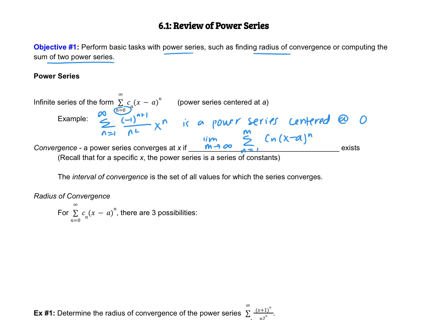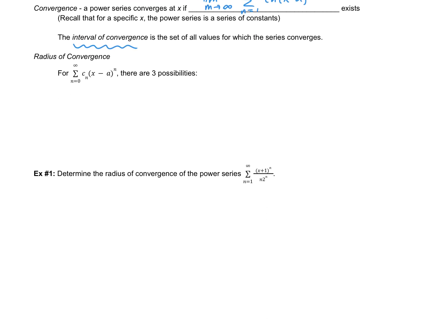So recall that for a specific x, the power series is going to be a series of constants. Then we say the interval of convergence is the set of all x values for which the series converges. We are going to look at some examples of this, but we're going to get through the background first, and then we'll look at some examples where we actually put everything together.